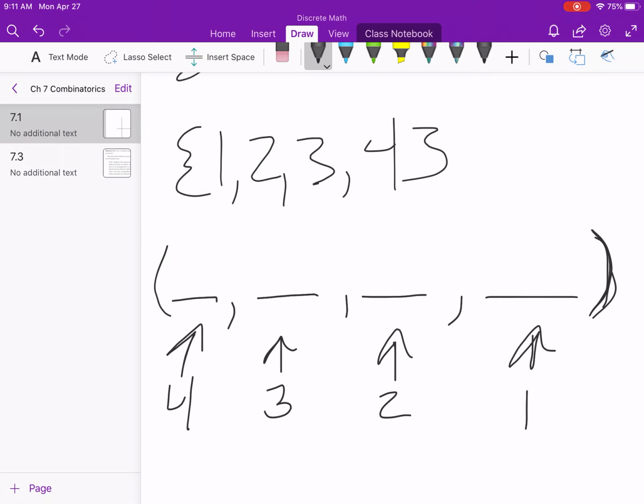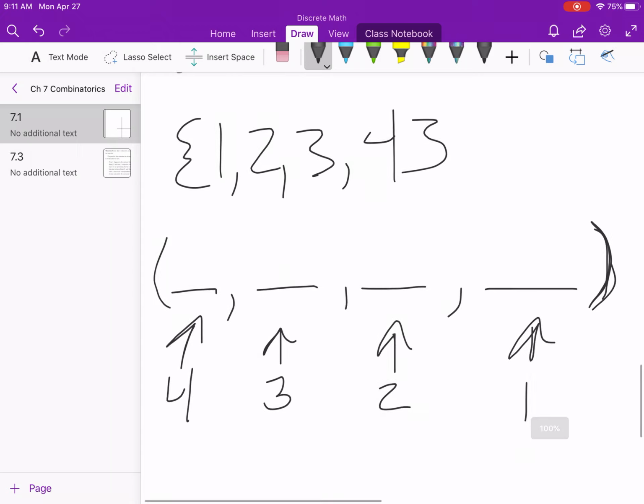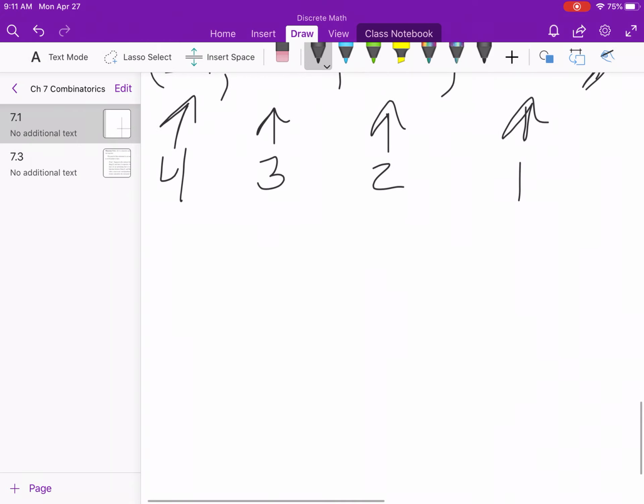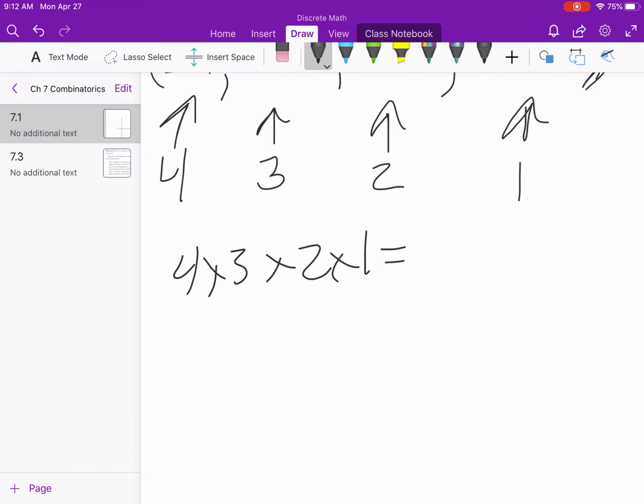So if I want to make ordered 4-tuples out of these numbers, I get 4 times 3 times 2 times 1. 4 times 3 is 12, times 2 is 24. So that's 24.